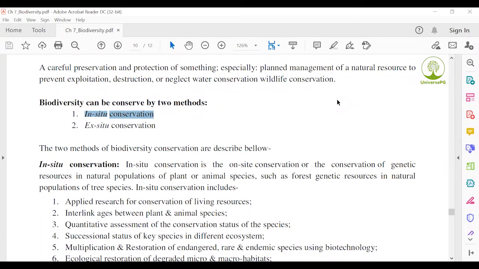If we can conserve this type of species in this area, without collecting from outside the area, this type of conservation is called in situ, the same area.